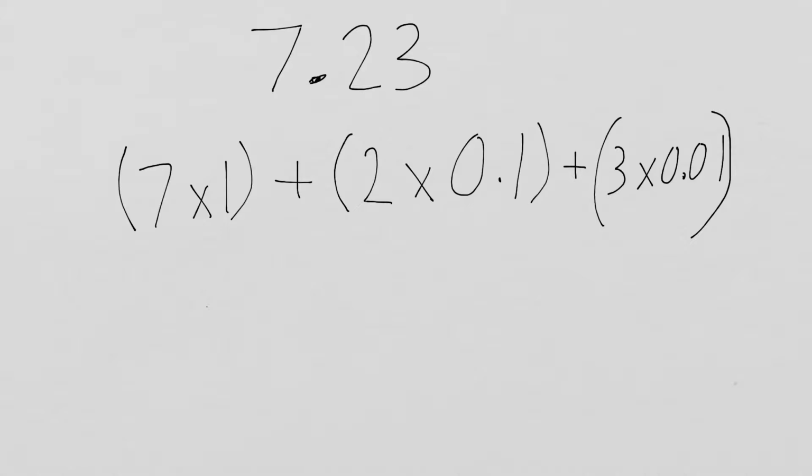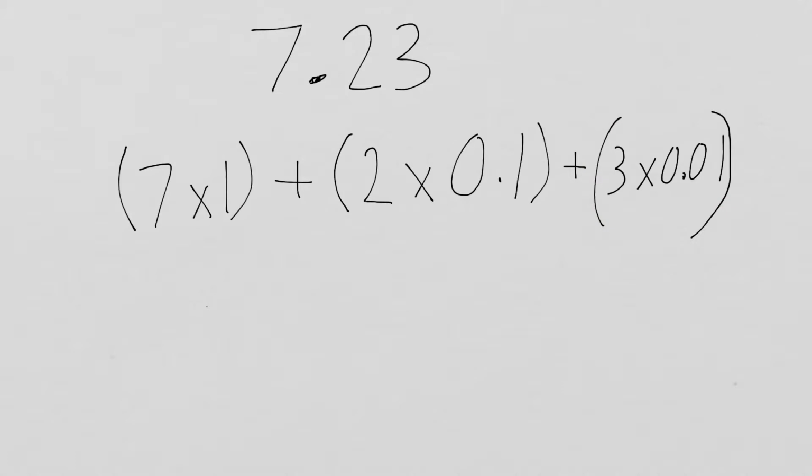So 7 and 23 hundredths gets expanded out into 7 times 1 plus 2 times 1/10 plus 3 times 1/100th.